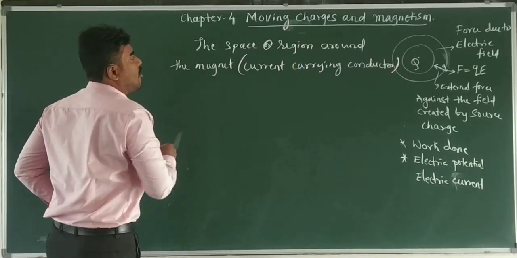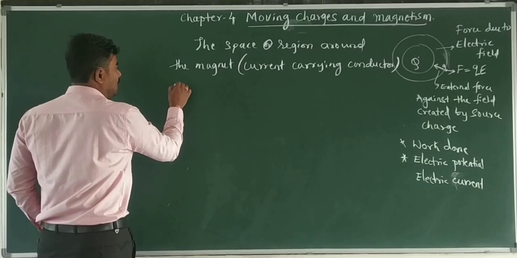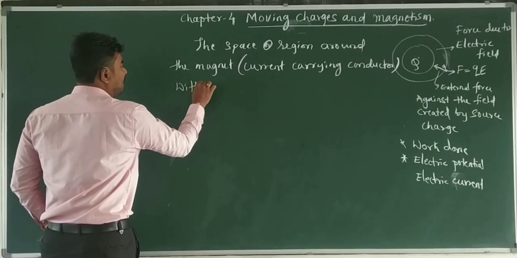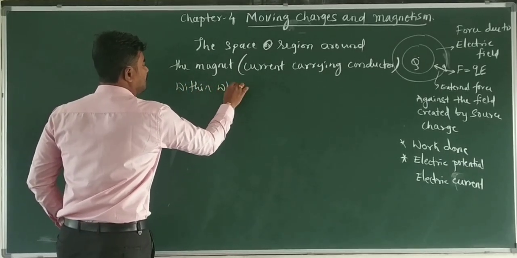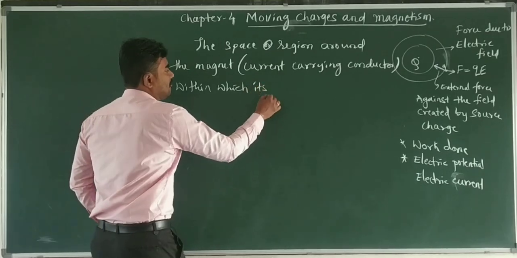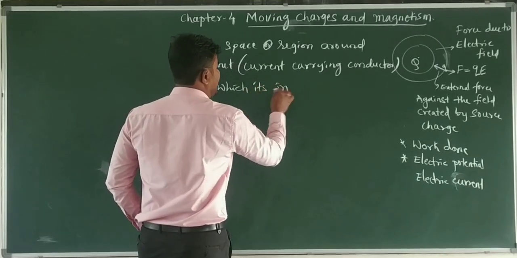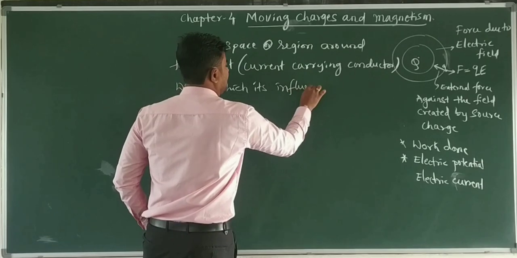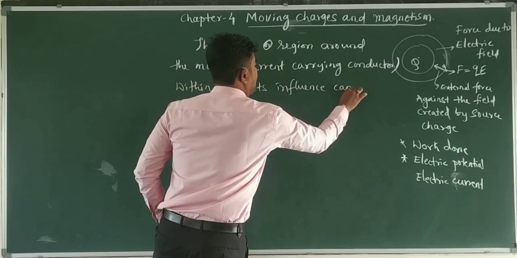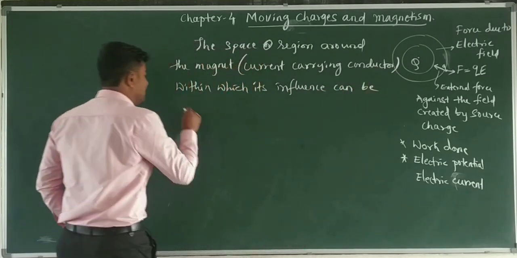The space or region around the magnet within which its influence can be experienced.